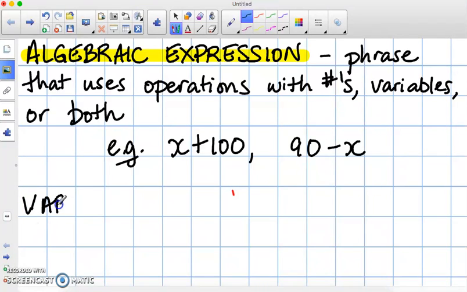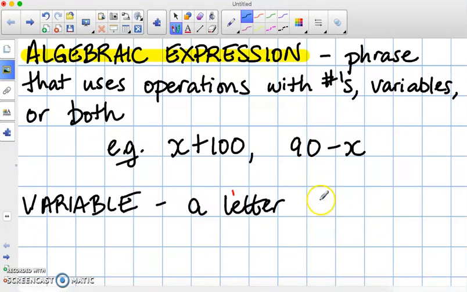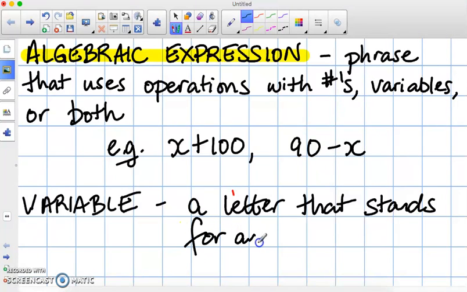So variable is a letter that stands for an unknown number. So again, a variable is a letter that stands for an unknown number.